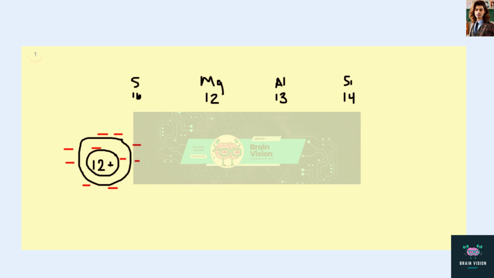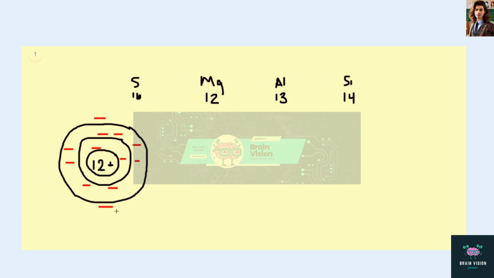The third energy level for magnesium in a neutral atom will have 2. And this will give us a total of 12. We have 2, 4, 6, 8, 10, and 12.